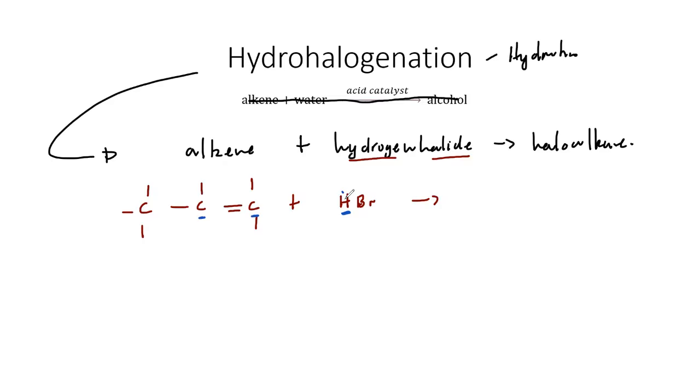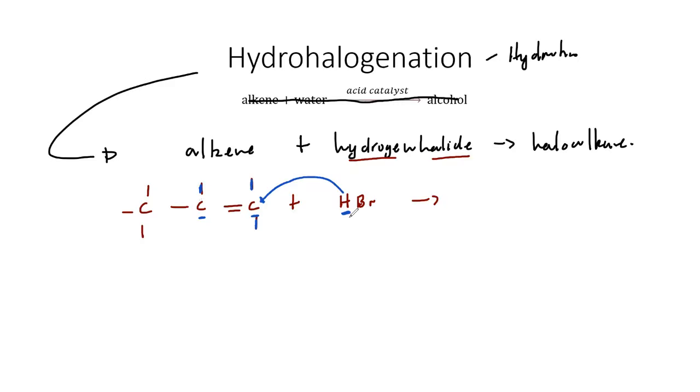In other words, this H will go right here on this carbon. Why? Because this carbon is the one that already contains the most number of hydrogens. Check it out. This carbon has 2 hydrogens, while this carbon only has 1 hydrogen. So the H goes to the carbon in the double bond containing the most number of hydrogen atoms.